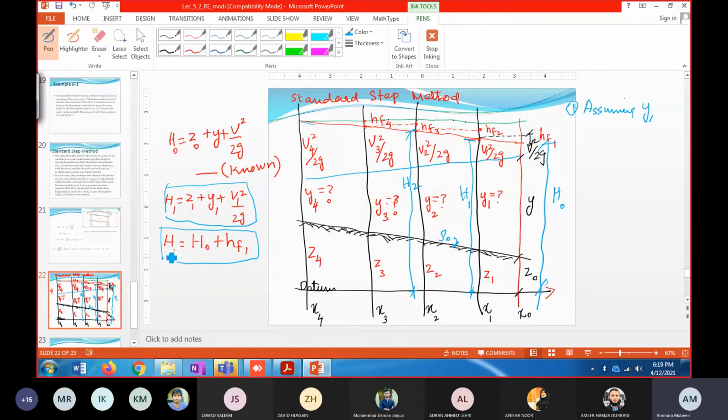And the second step is to get the value of HF1 and then add that value to H naught, and then you can get H1 again. So there would be two values of H1 for one value of Y. Okay. Do you know about HF1? How would you calculate HF1?